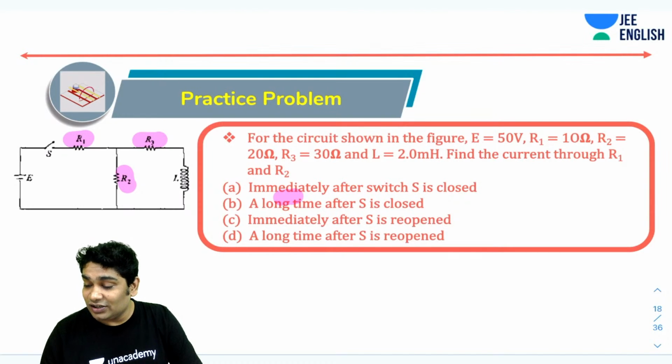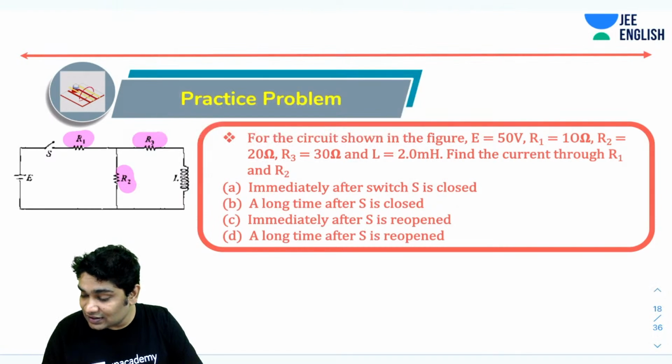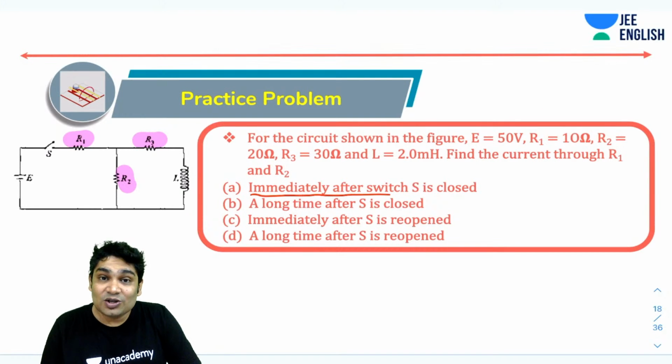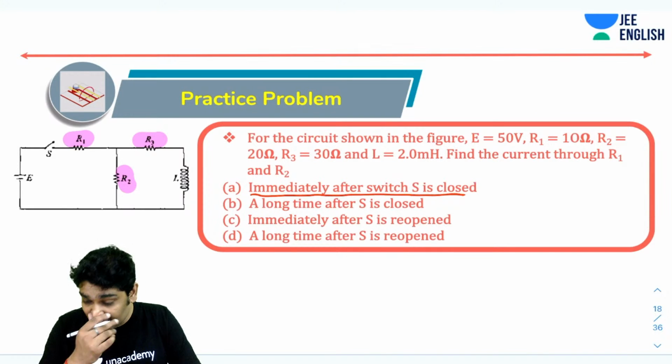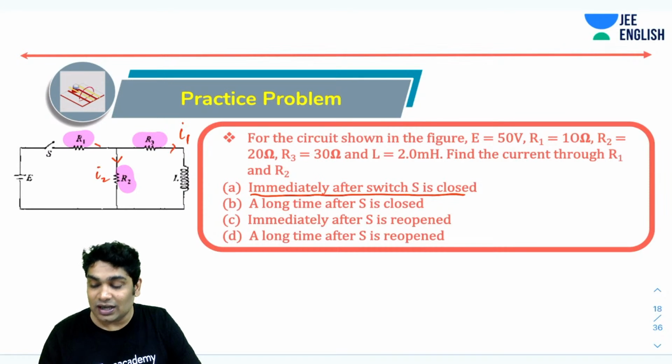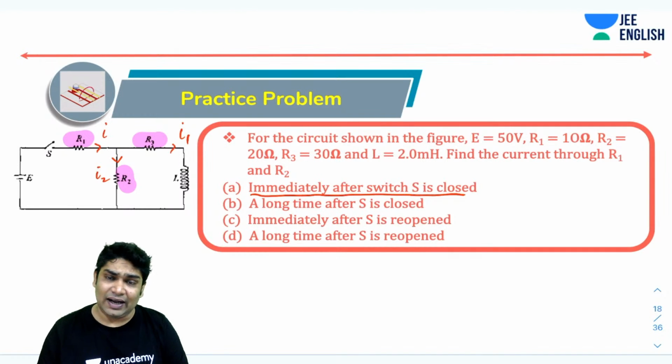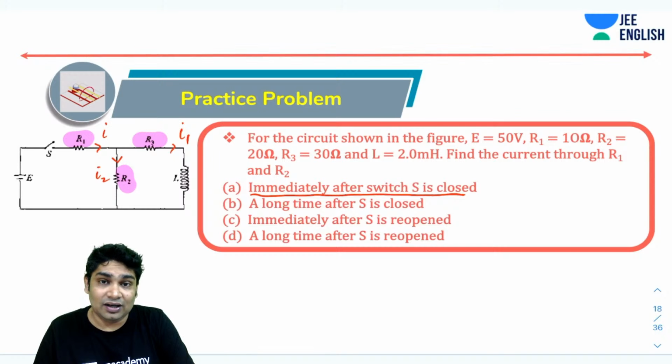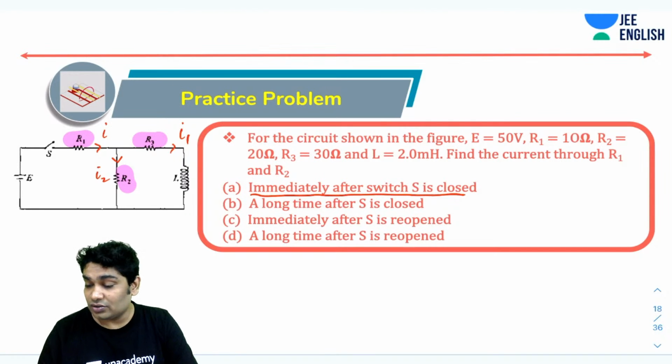So immediately after the switch is closed, you know what will happen. What was the current immediately before the switch was closed? The current in this branch was 0, right? Let's mark the currents. Let's call this I1, this I2, and this I. I'm assuming that at any time instant, these are the values of the currents through various branches.